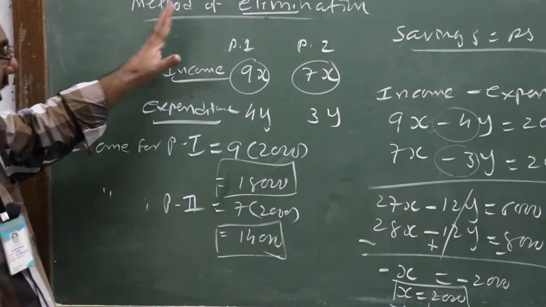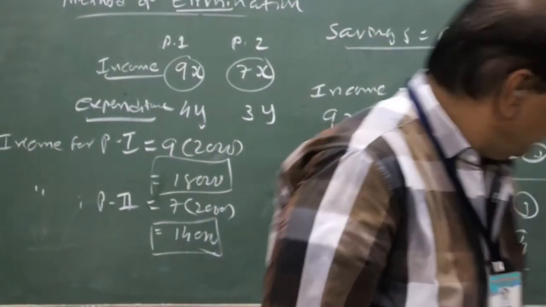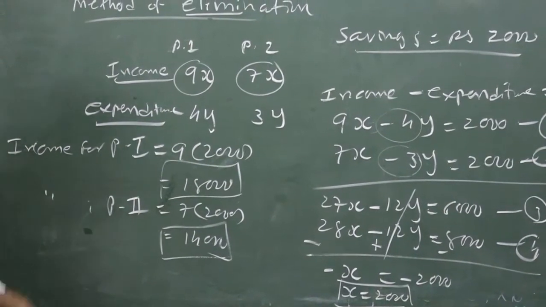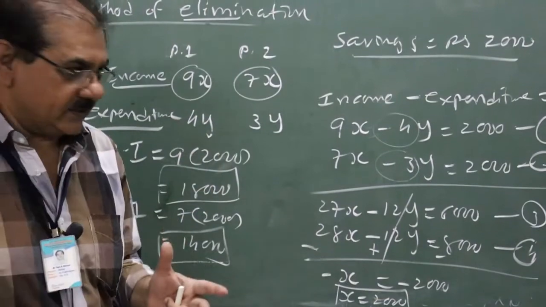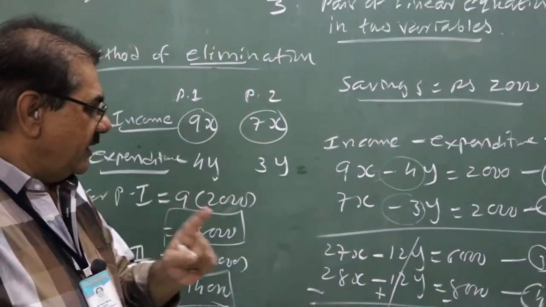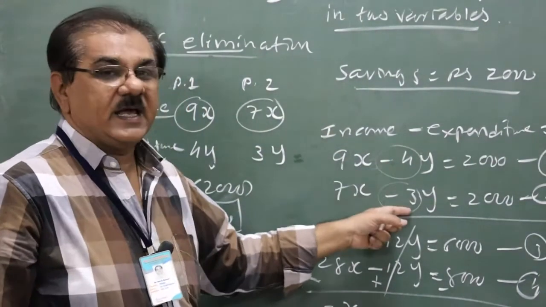So you have translated the problem into equations, and ultimately you have found out their monthly income. Okay? So this is how you have to follow the method. What to do? To eliminate any one variable, the variable you want to eliminate should be equalized in its coefficient.